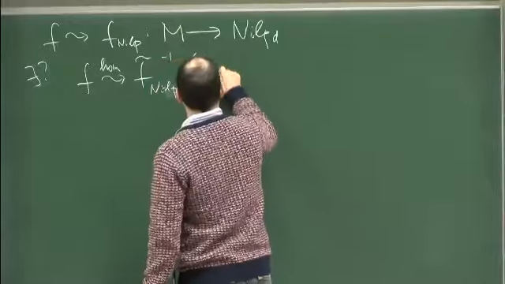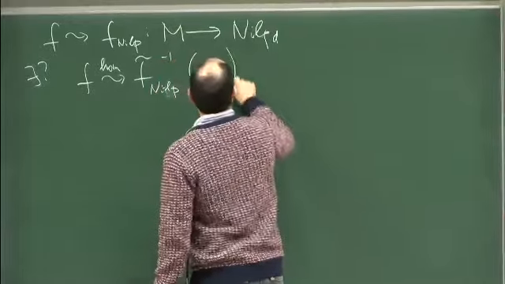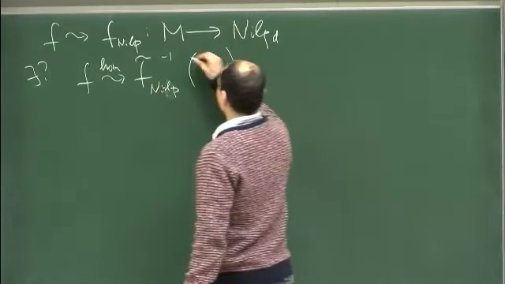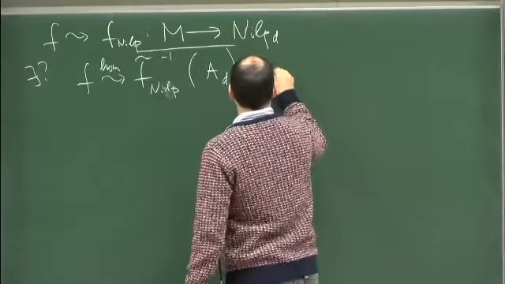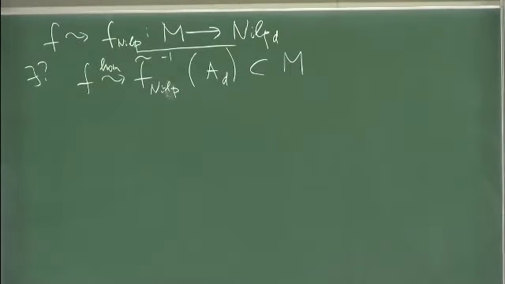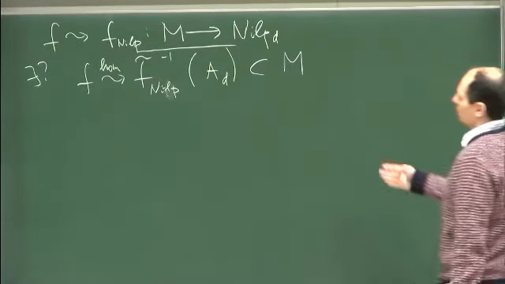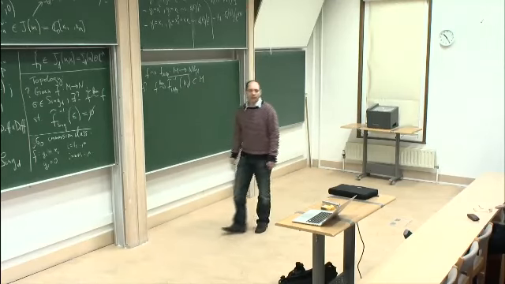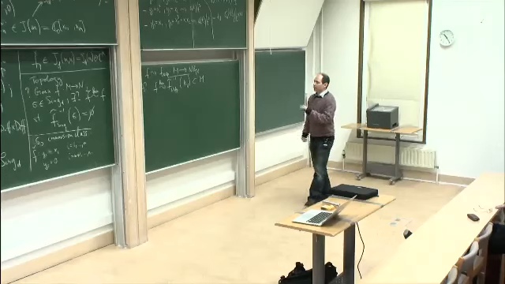inverse of A_d. Say this algebra is, in a sense, the longest one. In a sense, it's the most interesting one. So I look at this, I will close this, as a subset of M, and this gives me a cycle. So if everything was holomorphic, this is some analytic subvariety, again over C now.